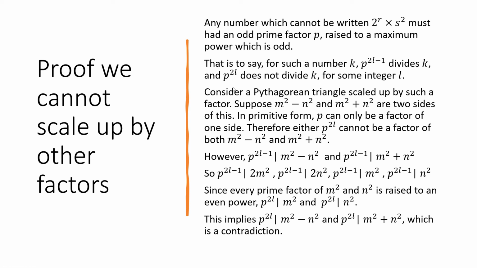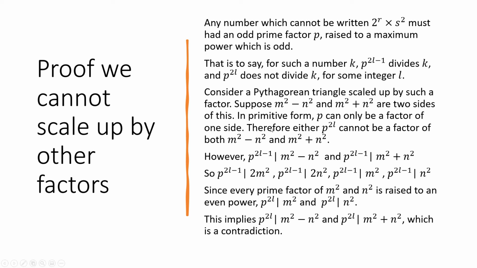So we got a Pythagorean triple scaled up by such a factor, and I've got my 2 sides, m squared minus n squared and m squared plus n squared. Now remember what I said earlier, in the primitive form, this number p could only be a factor of one or other of the sides.